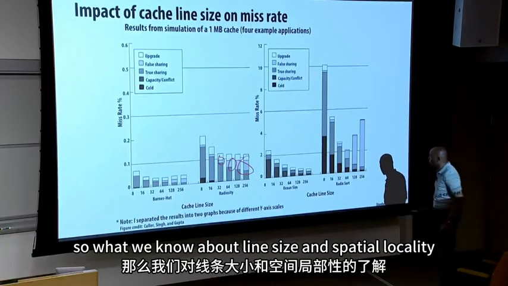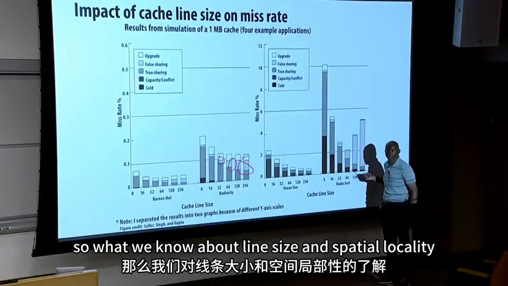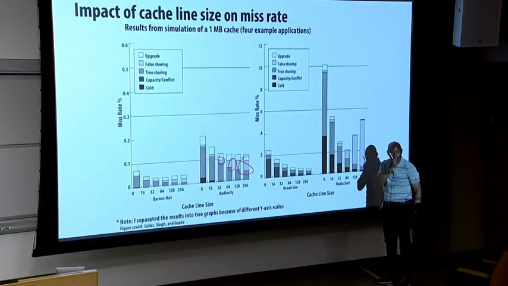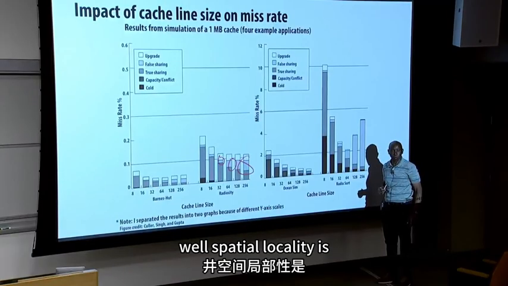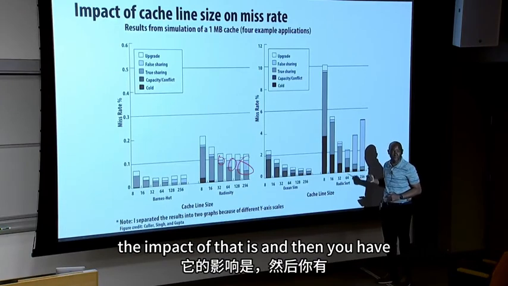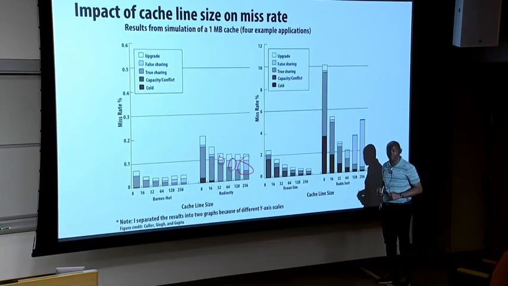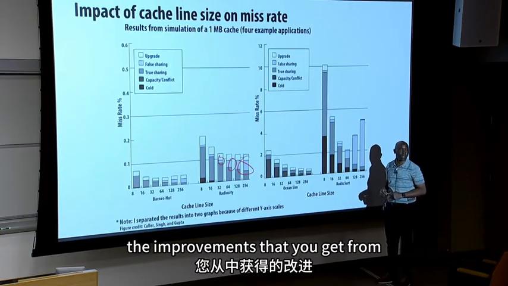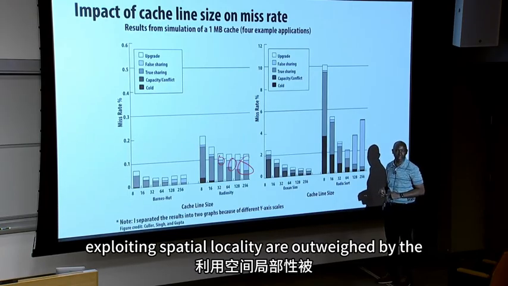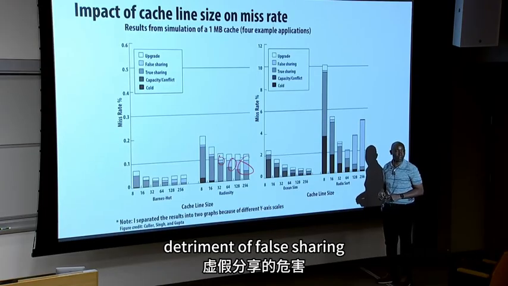Okay, so what do we know about line size and spatial locality? Line size increases, spatial locality is better exploited, and so the miss rate goes down. And then you have false sharing, which is pushing things up, right? And so eventually, the improvements that you get from exploiting spatial locality are outweighed by the detriment of false sharing.